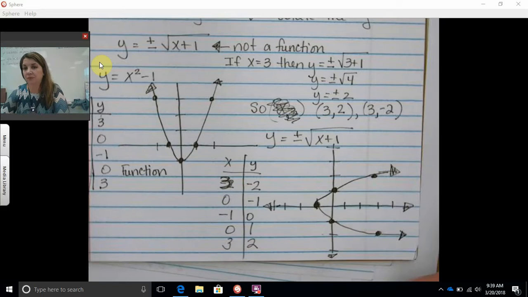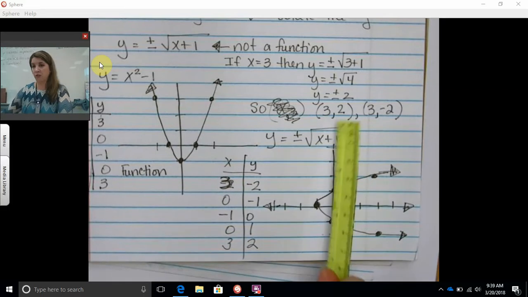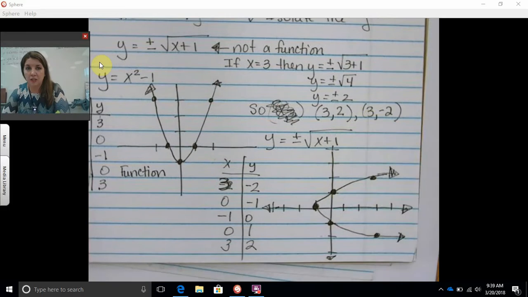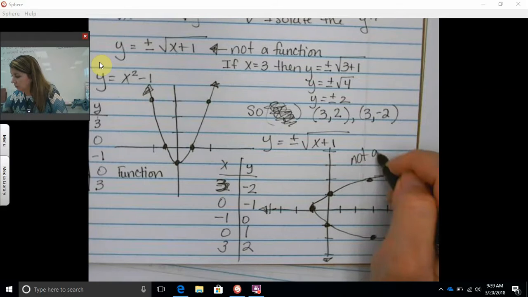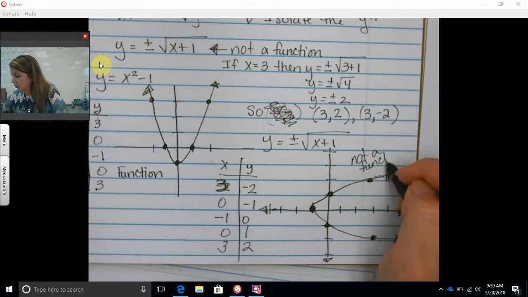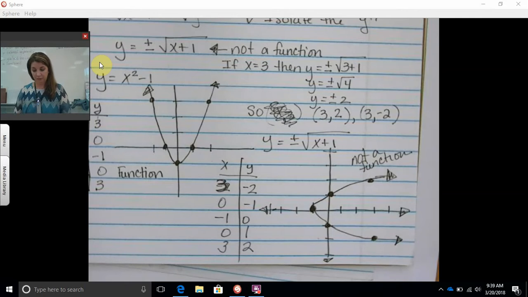Is that a function? No. Does not pass the vertical line test. Not a function. Which we already knew it was not going to be a function.